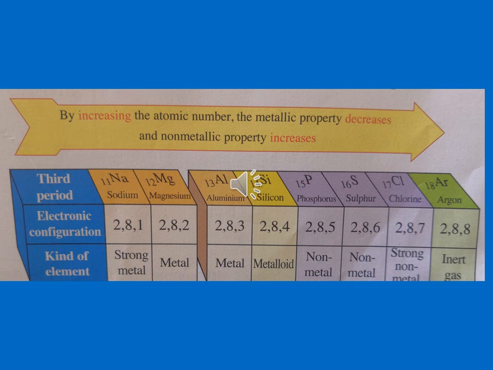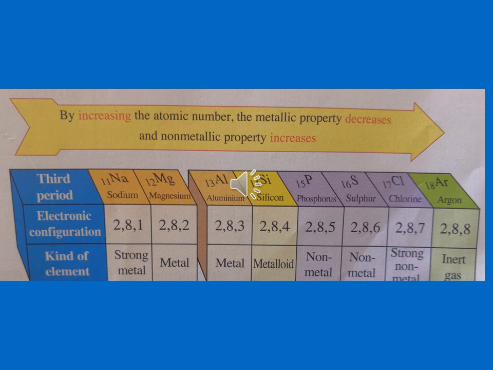here we have the third period, which starts with sodium. Sodium, magnesium and aluminum are the strongest metals, but as we go from left to right, the metallic property is decreasing, and then we meet the metalloid, which is silicon here with the yellow color.